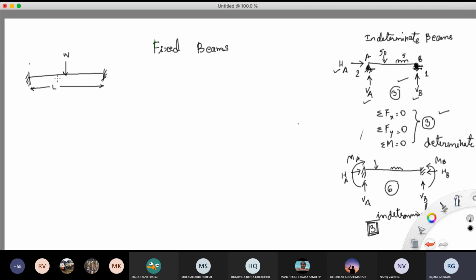I know that if there were a roller and hinge support here, I could easily solve it. So how can I trick this particular beam so that I can solve it in a more determinate way? Any idea?